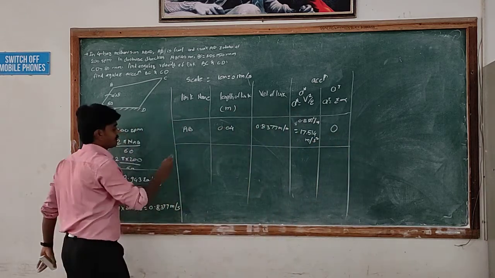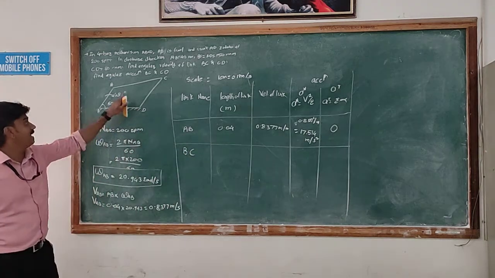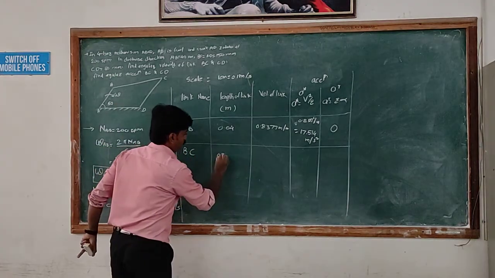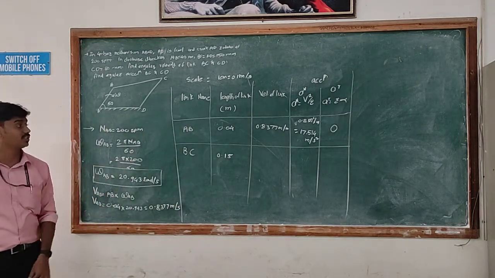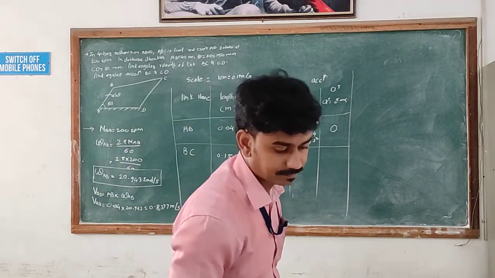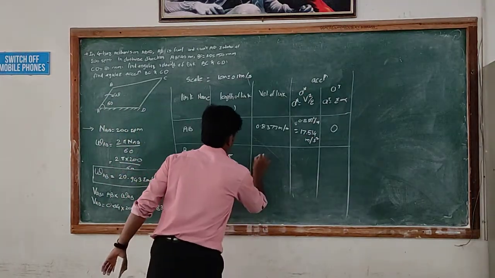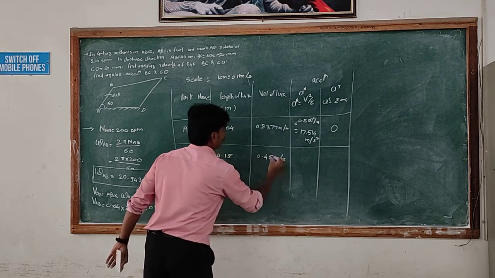Now we have to calculate the second part, that is BC. For link BC, the length of the link BC is 0.15 meter. We have calculated the velocity of the link BC, and it is 0.45 meter per second.